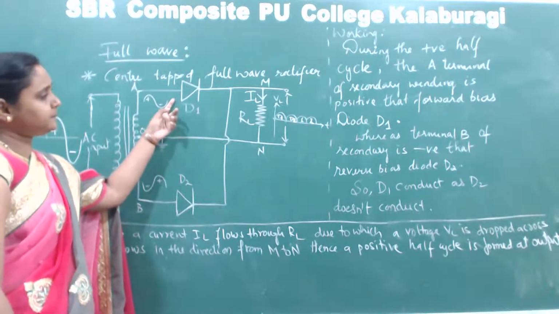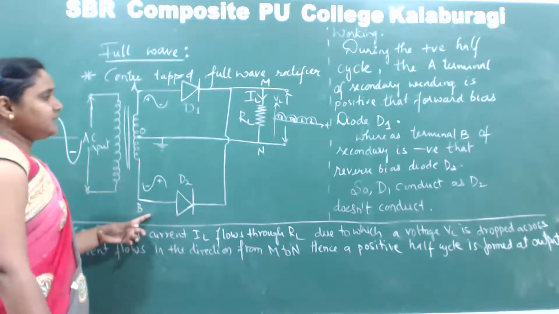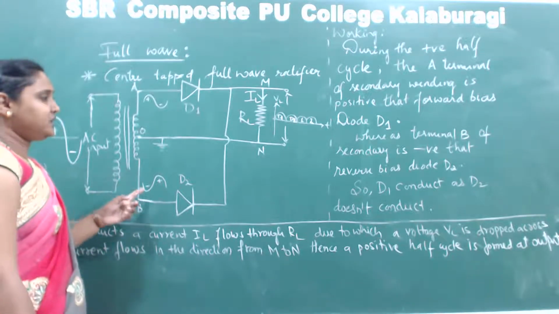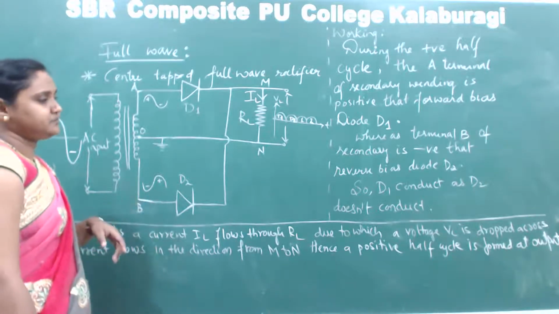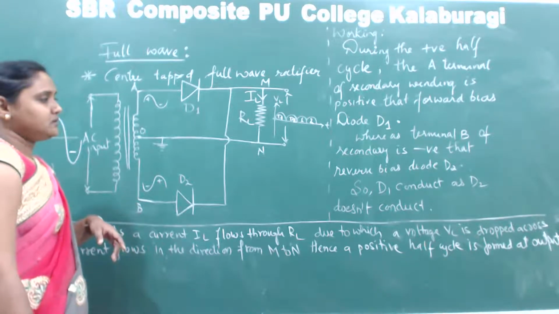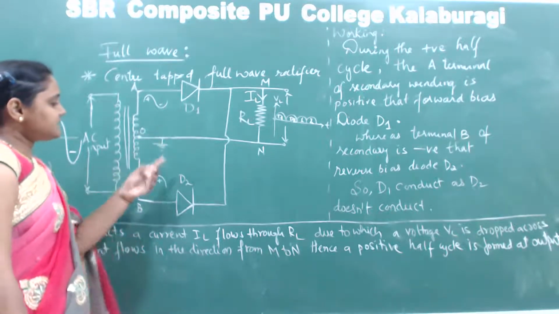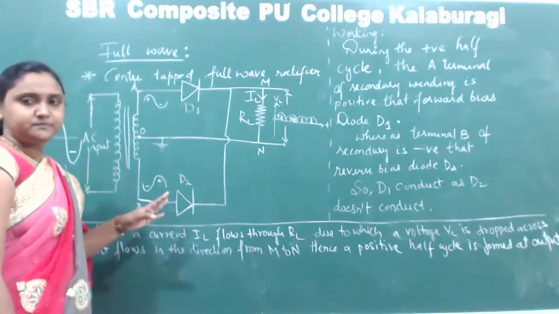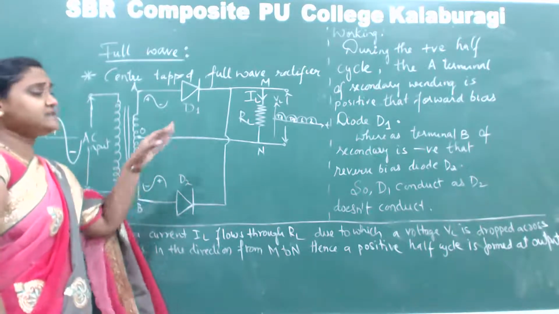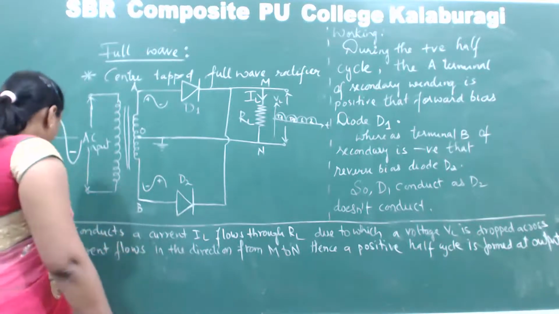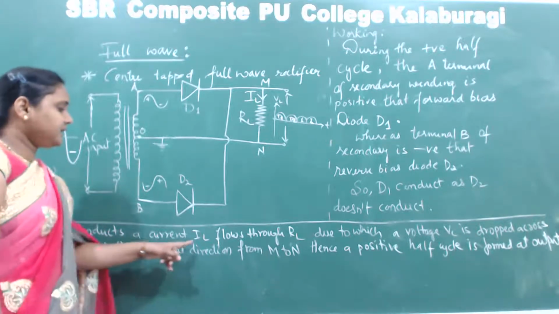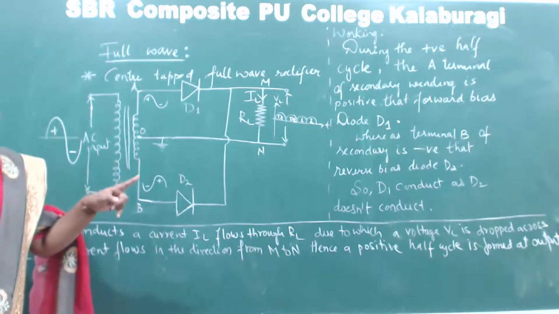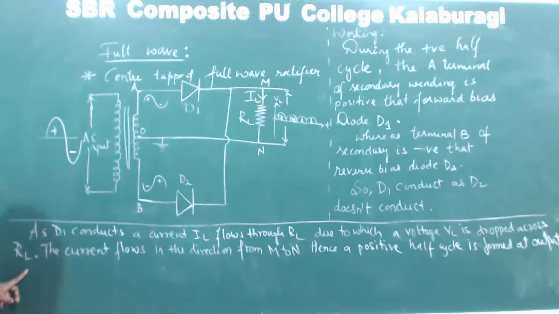This is on. Whereas terminal B of the secondary is negative, that reverse biases D2. So as this is forward biased and this is reverse biased, D1 conducts and D2 doesn't conduct. This is off, this is on. As D1 conducts, a current IL flows through RL, due to which a voltage VL is dropped across RL.